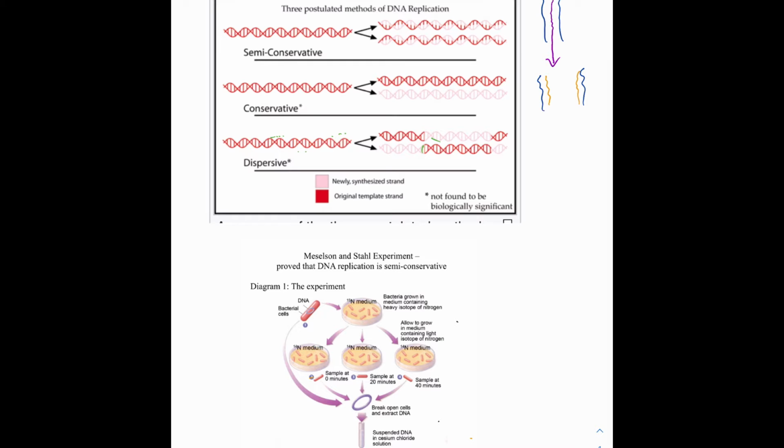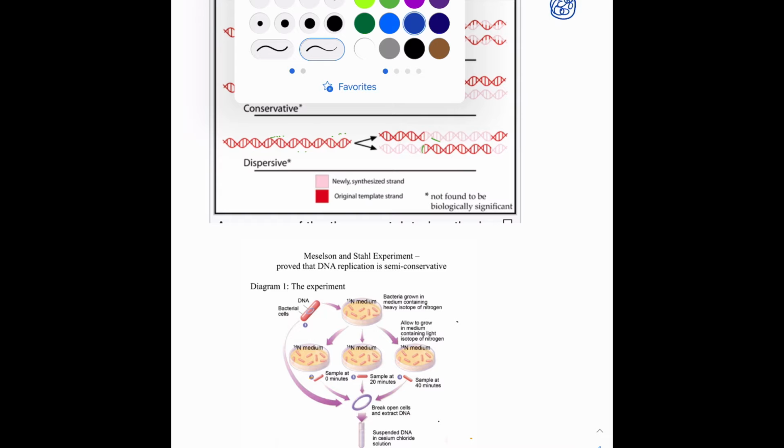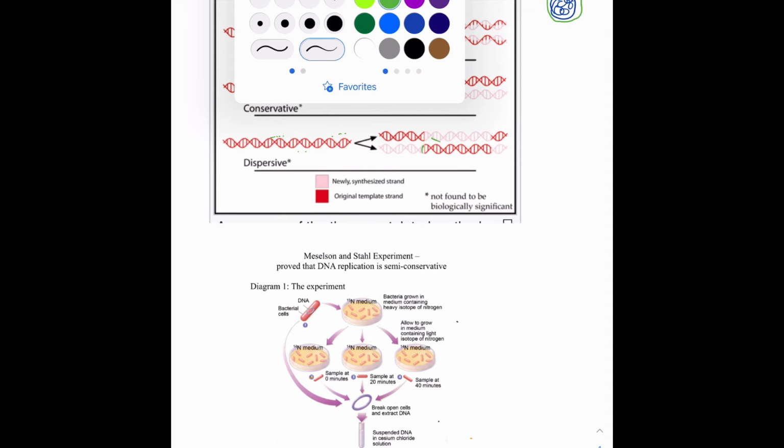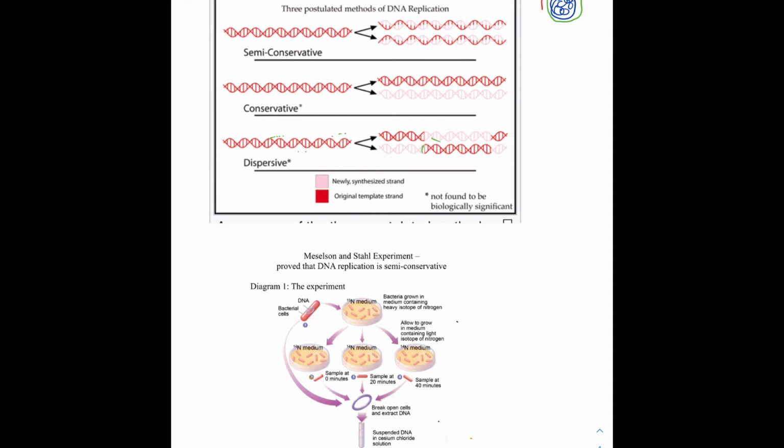The other theory is the conservative theory, where you have your DNA wrapped around the histone complex, and as the DNA unwinds, it somehow allows itself to be copied.